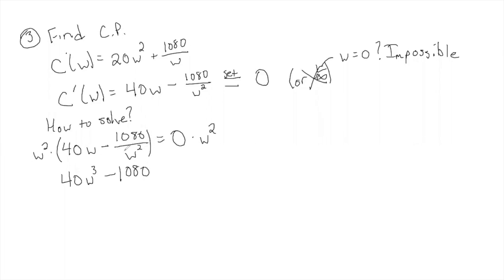This is a common trick, and you should definitely get comfortable with it because it makes your life so much easier. Everybody hates fractions. You're not alone, but there's a nice way to get rid of them when you have an equation. Okay, so now I have 40W cubed, and I'll have to check my notes because I'm not certain what 1080 divided by 40 is.